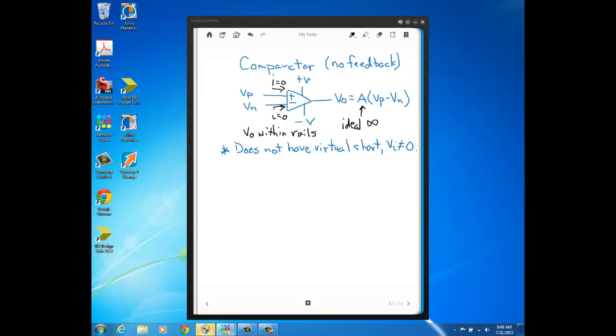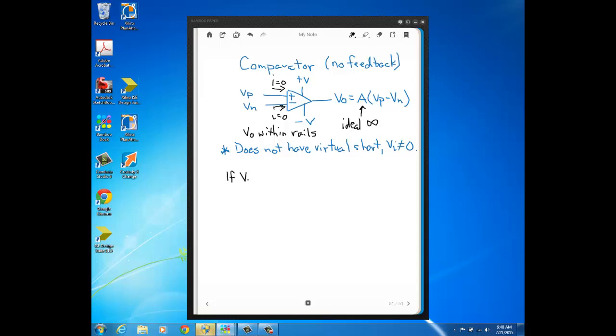Again, the rails are the power source values, plus V and minus V. So with these two conditions, along with this equation, we can determine what the possible outputs of a comparator are.